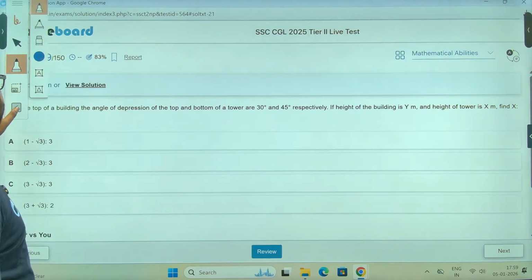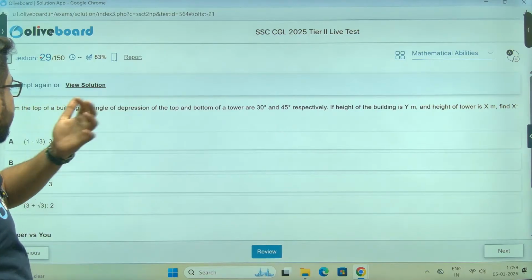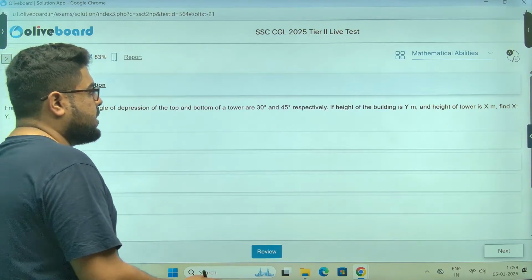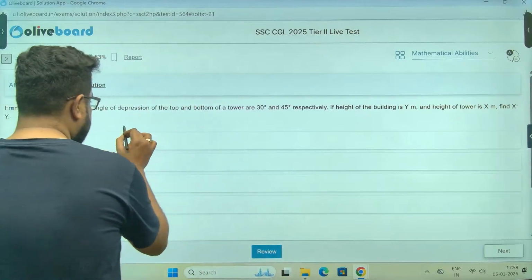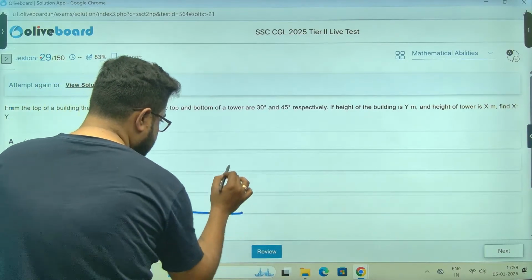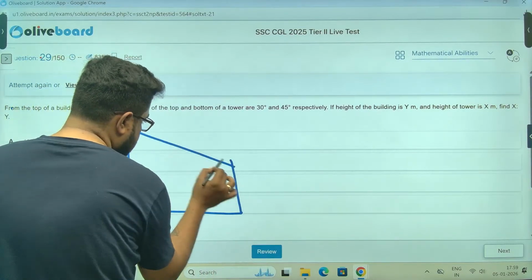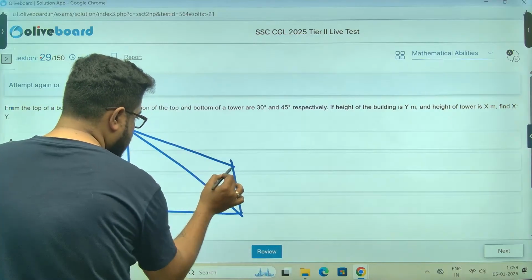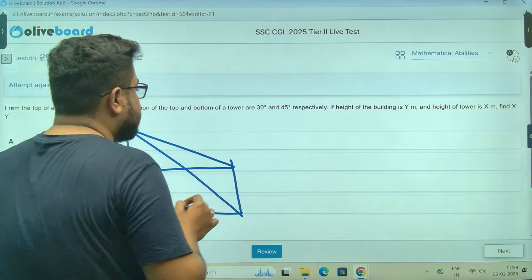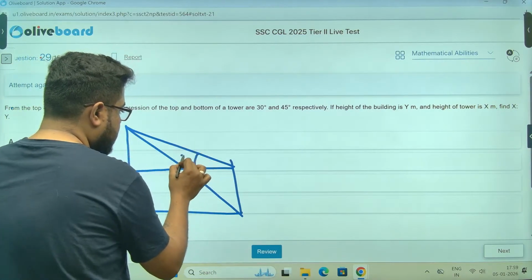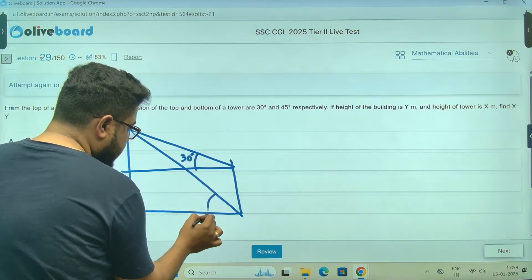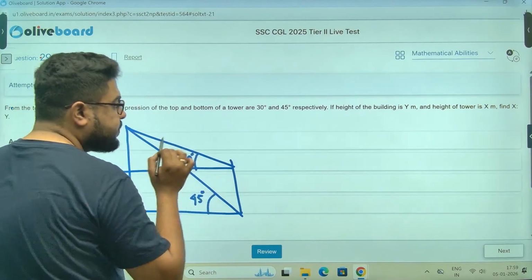Last couple of questions. From the top of a building, the angle of depression of a tower. Okay, sir. This is 30. This is 45 degrees.